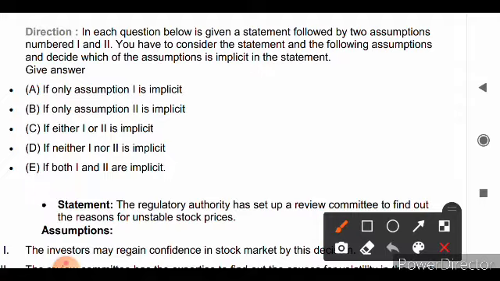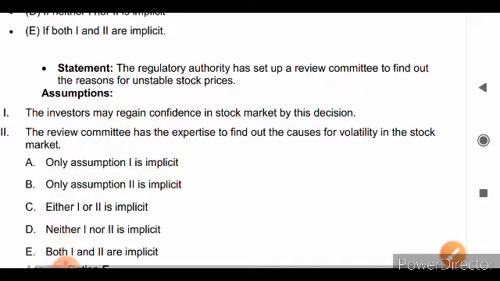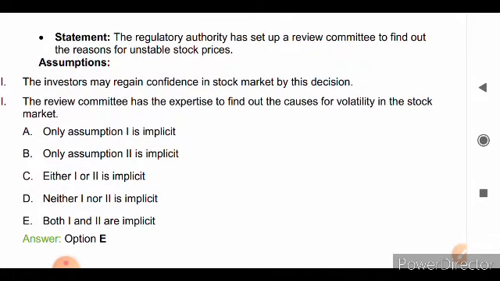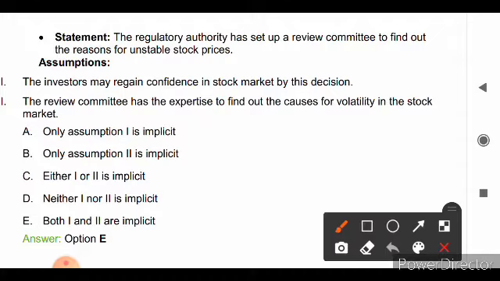Give answer A if only assumption 1 is implicit, B if only assumption 2 is implicit, C if either 1 or 2 is implicit, D if neither 1 nor 2 is implicit, and E if both 1 and 2 are implicit.